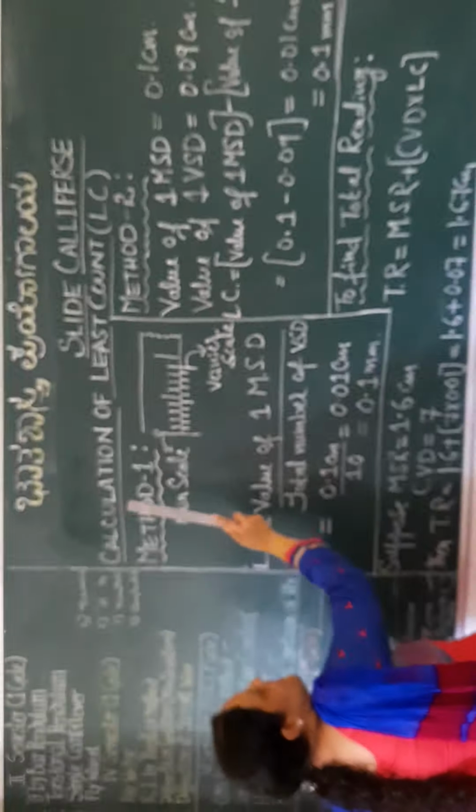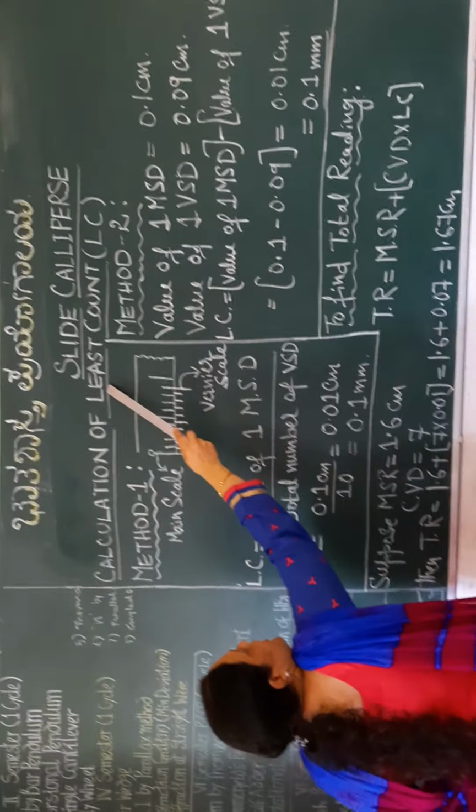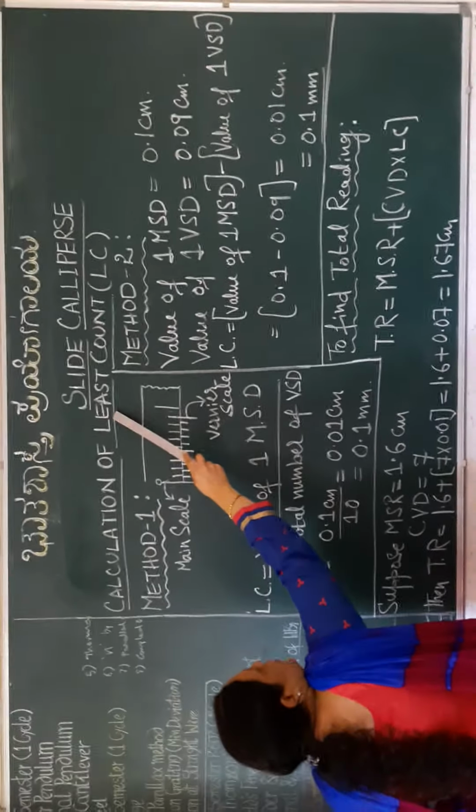Now, I will explain how to determine the least count of a vernier calipers. There are two methods to determine the least count of a vernier calipers. First, I will define what is meant by least count.